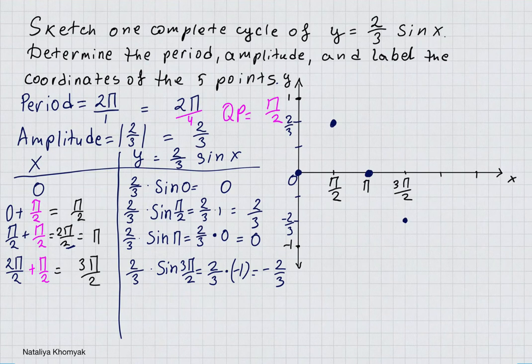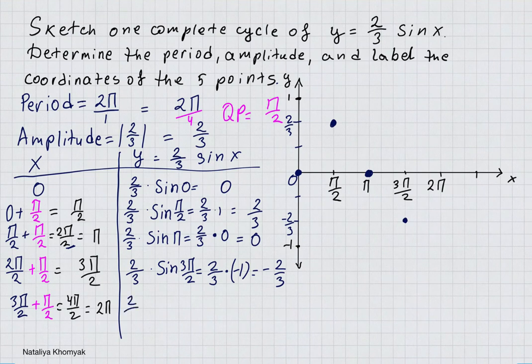And last but not least, the last point. We take 3pi/2, which was the previous x value, and add to it the last quarter of the period, pi/2. This gives us 4pi/2, and we get 2pi. So the last point is 2pi. Now we can calculate y.